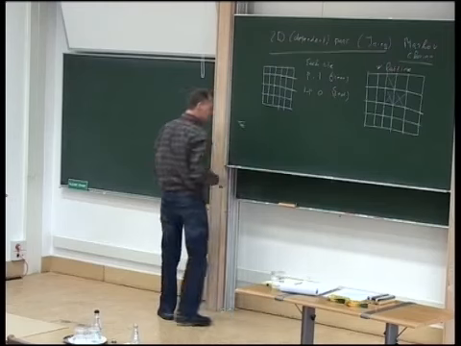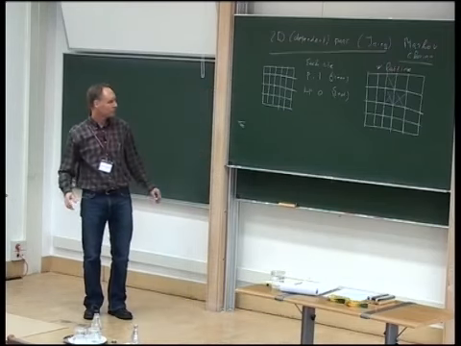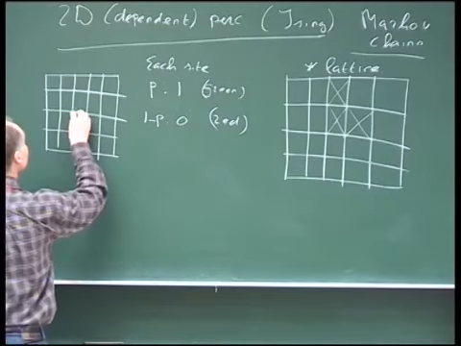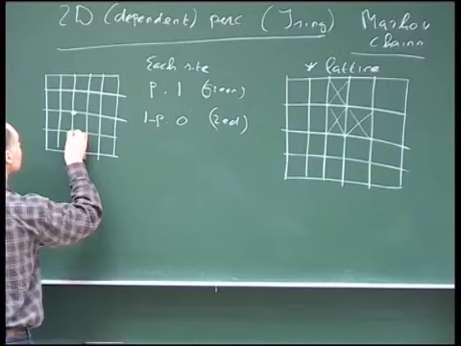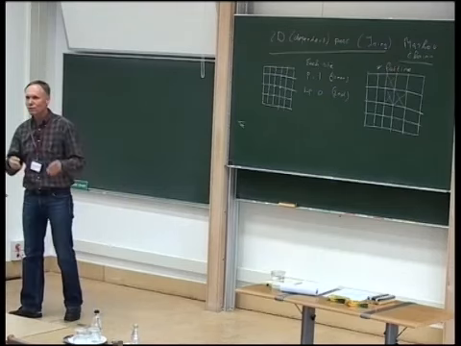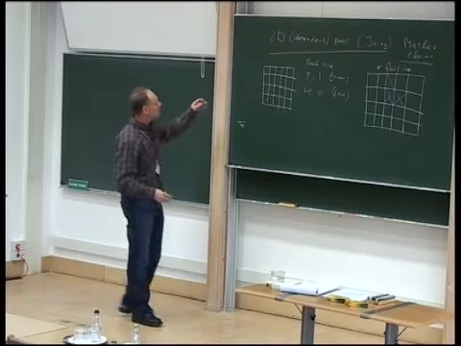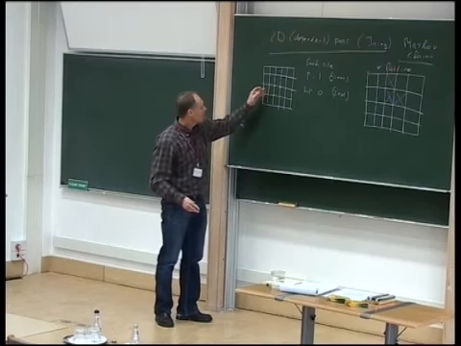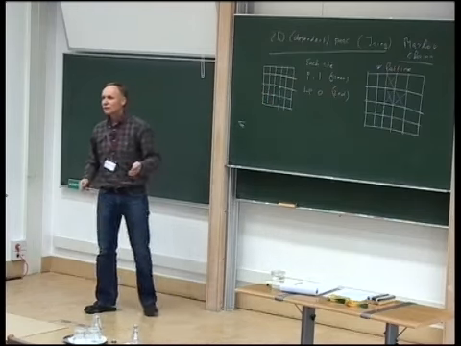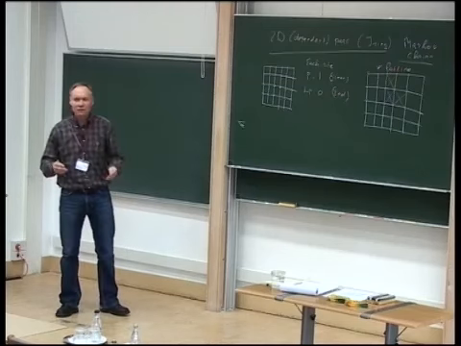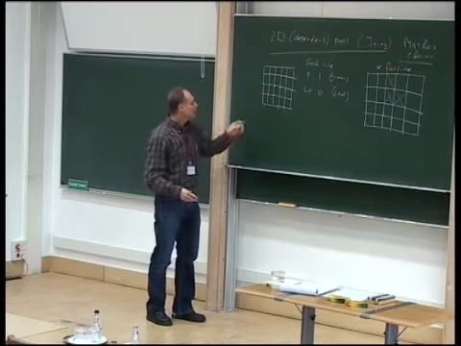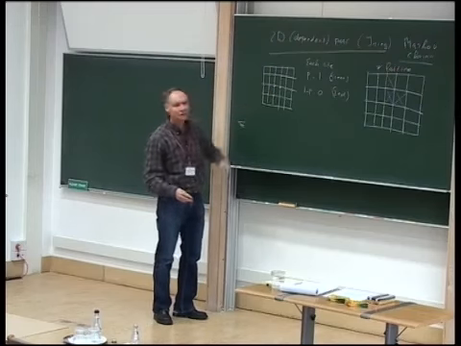And to get an idea of this relationship between the two percolation models, it is useful to look at a little picture. So suppose that here we have green. In percolation, I should have said that, but most of you know that, we are interested in connected subgraphs or clusters of green sites. And in particular we are interested in whether there is an infinite green cluster. Now look at this picture, and suppose that this is a finite island of green.